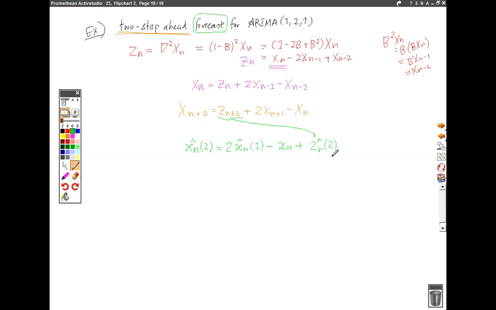So now if I just put in some assumption, if I tell you to assume that my Zn is just mu plus alpha times Zn minus 1 minus mu.